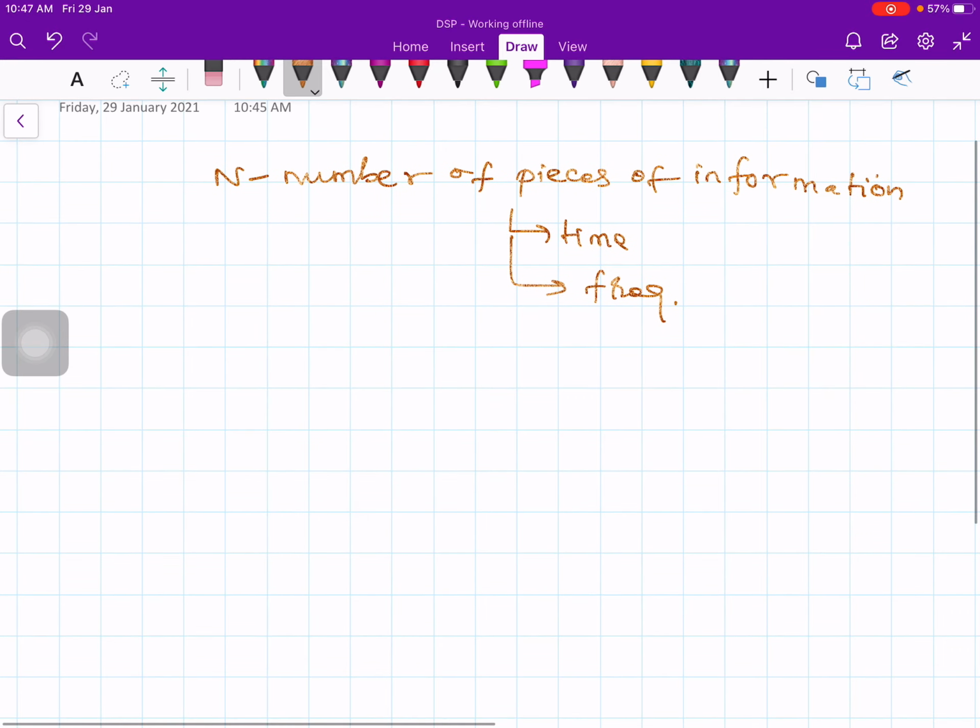These N pieces of information are usually obtained by sampling the DTFT.